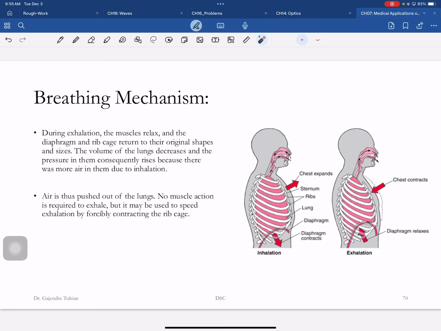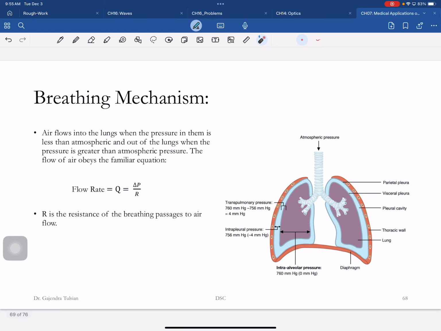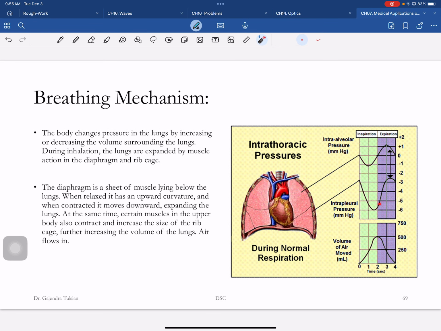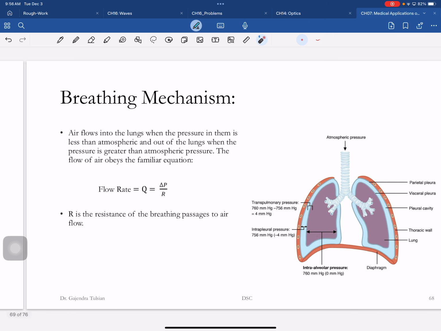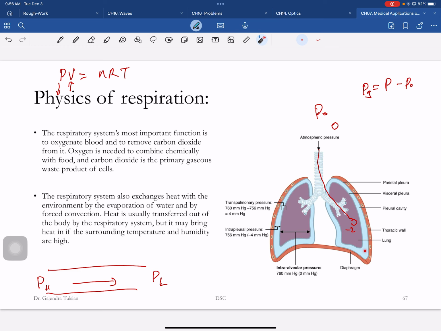All right, so when you're breathing in, your diaphragm contracts, your chest expands, and remember that you were increasing the volume of the intrapleural space. And when you want to exhale, your diaphragm relaxes. The chest cavity contracts, and so this intrapleural pressure goes back to minus 3, or minus 2.